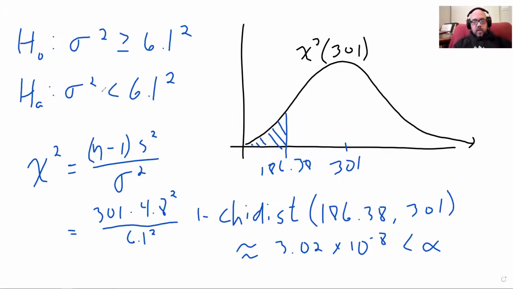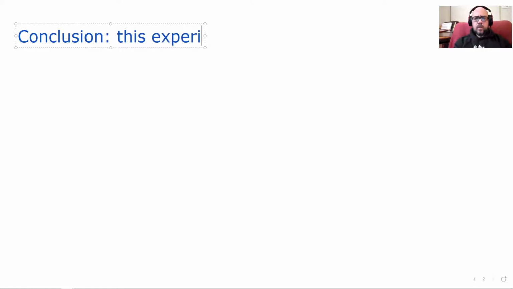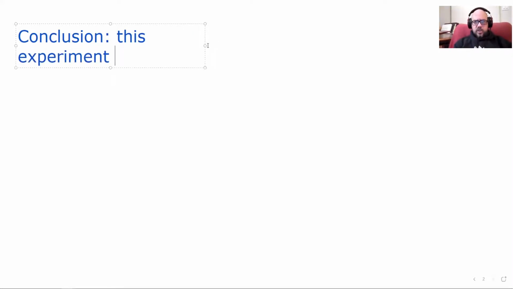So that means that we think that the variance of wait times among customers in the bank has decreased. That it's smaller than it used to be. So that's what I'm going to write for my conclusion. Let's write a conclusion over here in text. Conclusion. This experiment suggests, I'll make this text a little wider.